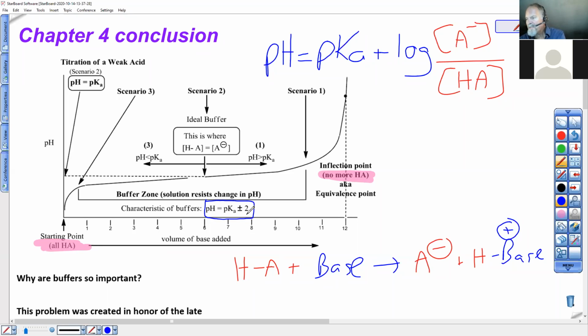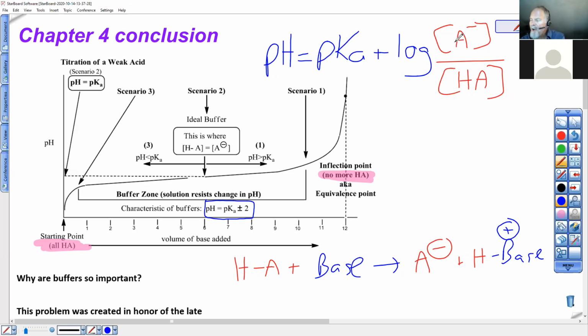Outside of those ranges, one of the components of the buffer is gone. And if you look at this being a log scale, you can have 100 times more A minus than HA, and then the log of 100 would be 2. That would be the top end of the buffer scale. And flip it, you could have a ratio of 1 to 100 of A minus over HA.